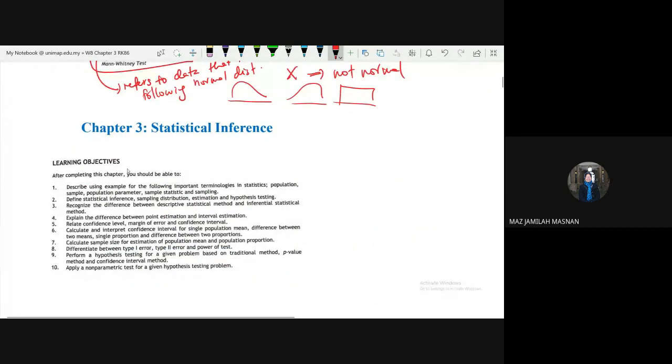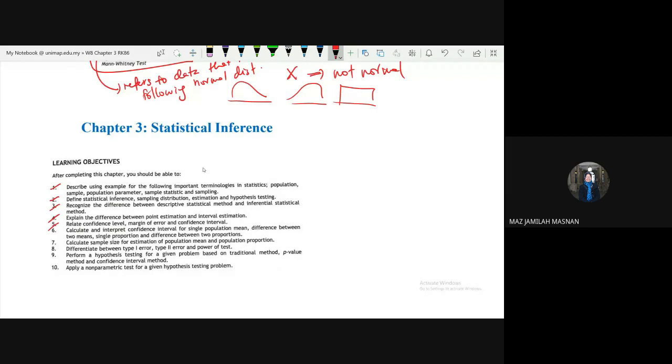And of course, at the bottom of your first page of chapter 3, you can see the learning objectives of chapter 3. Okay, so please, class, pay attention to the things that we wish everyone to understand.